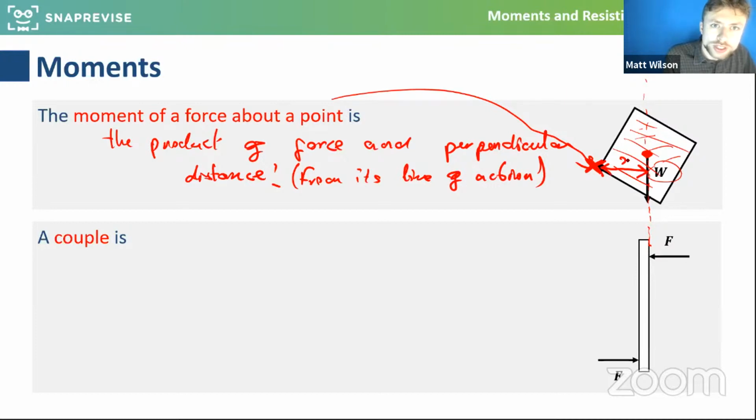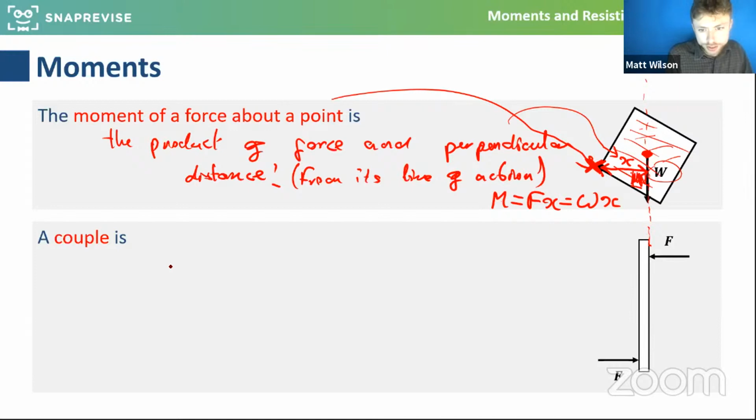Let's call this distance x. Then the moment is given by the force multiplied by that distance. So here it would just be the weight multiplied by this particular distance. This x here is the perpendicular distance, and we call it perpendicular distance because this angle here is always a right angle.